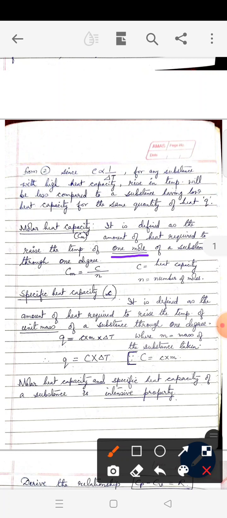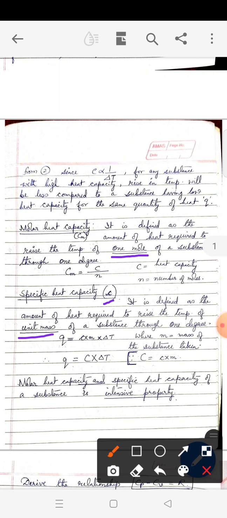Now specific heat capacity is represented by small c. It is defined as the amount of heat required to raise the temperature of unit mass. Here unit mass need not be a mole. You can take 1 gram, you can take 1 kg, of a substance through 1 degree.